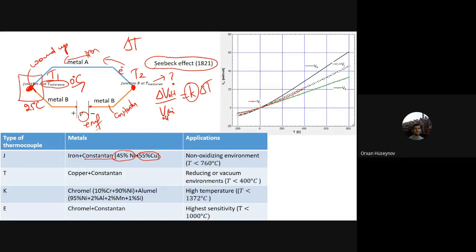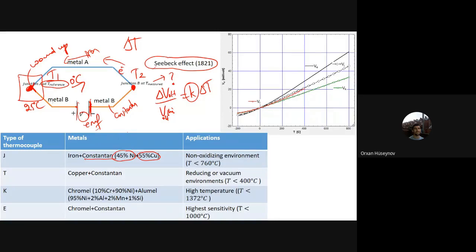These metal combinations give you the voltage difference between these two parts, and from that voltage difference, you know the temperature of the environment. As I said, you know it because you have done experiments with this thermocouple, and you know that it is linearly changing with respect to temperature. Linearity, and linearity. These are the final words of the inventors.